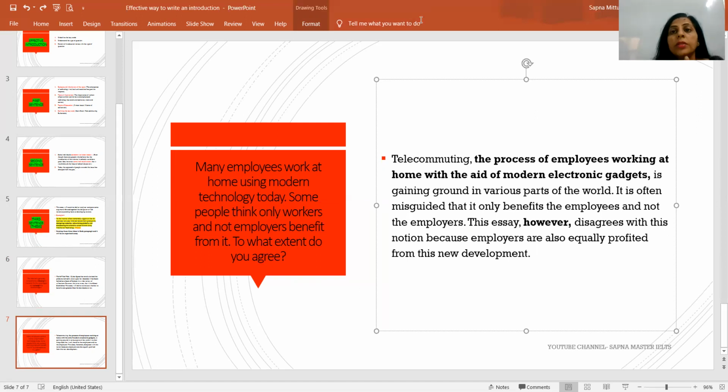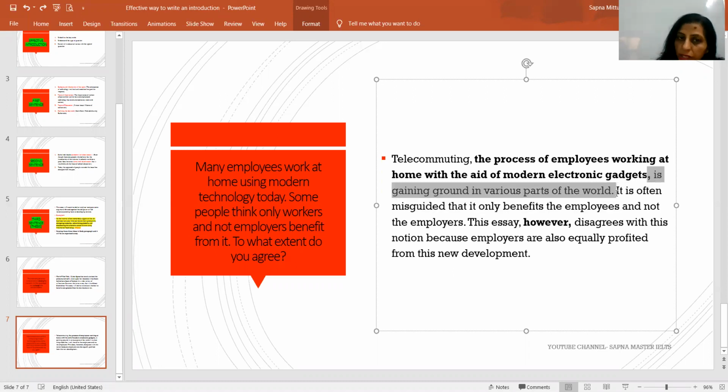This word telecommuting is about the process of employees working at home with the aid of modern electronic gadgets, and is gaining ground in various parts of the world. So I have completed the sentence like this.